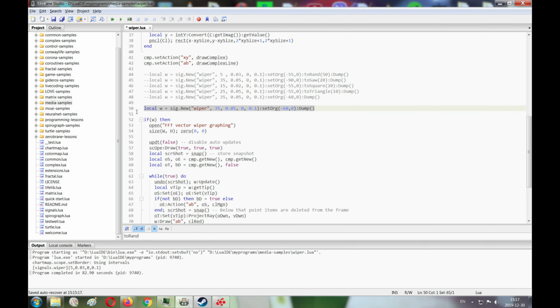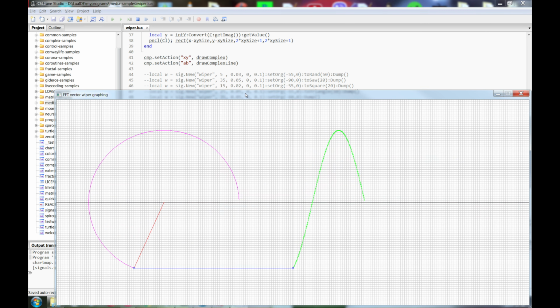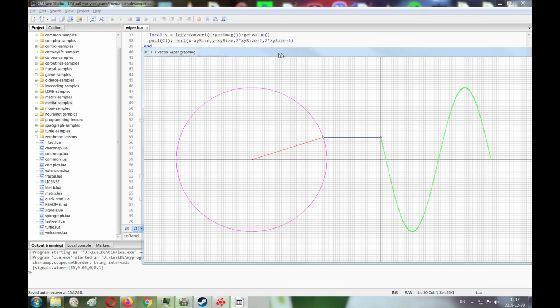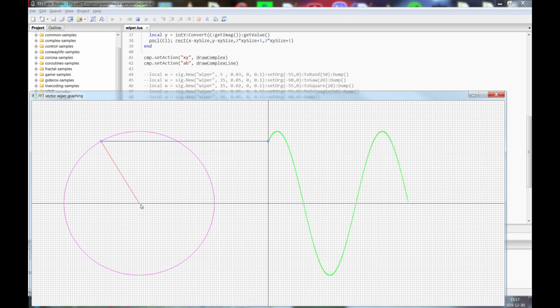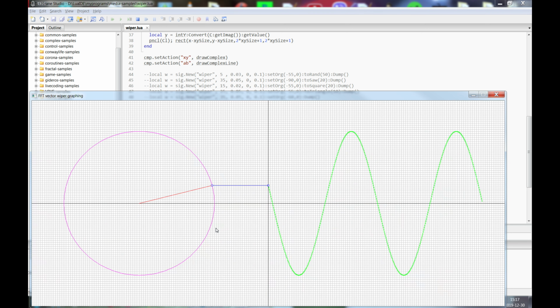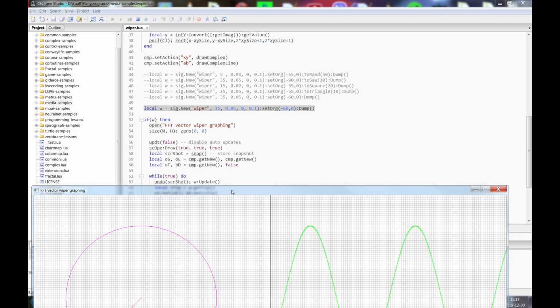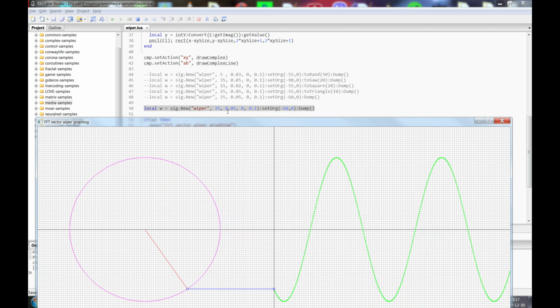So if we actually plot this, we will have a sine wave which creates only one vector with circular frequency of 0.005.